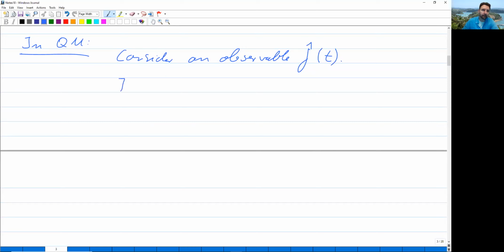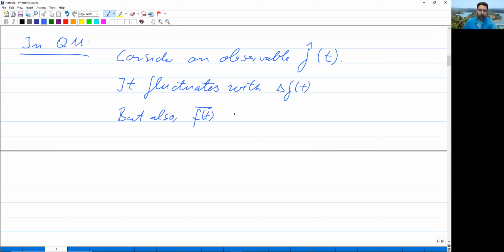Then it fluctuates with fluctuations of size delta f of t. But also, the mean value of f of t can change over time.